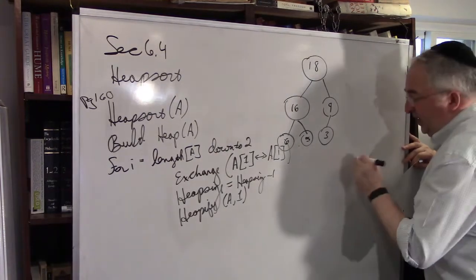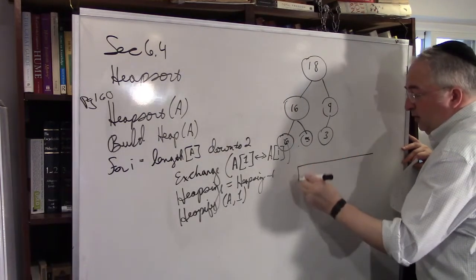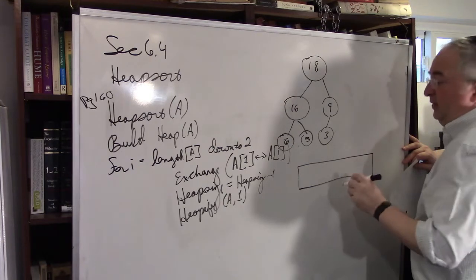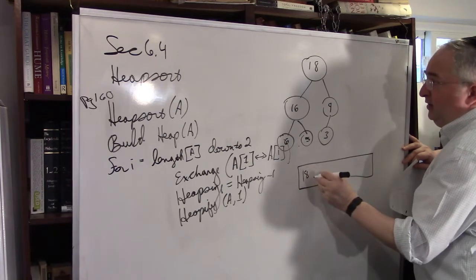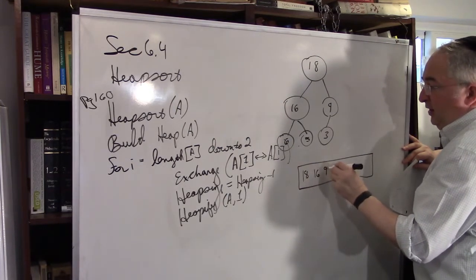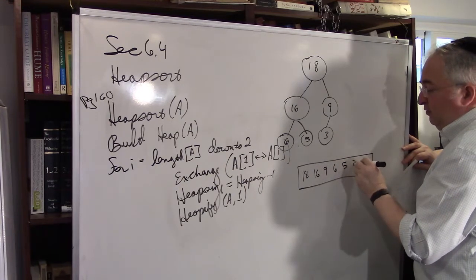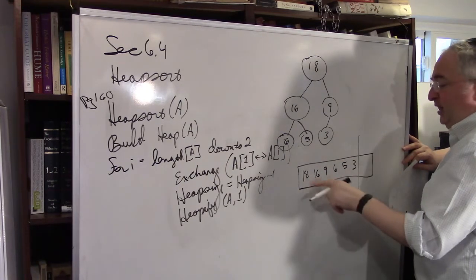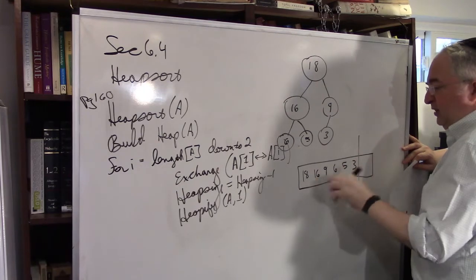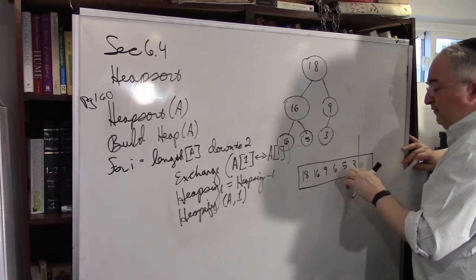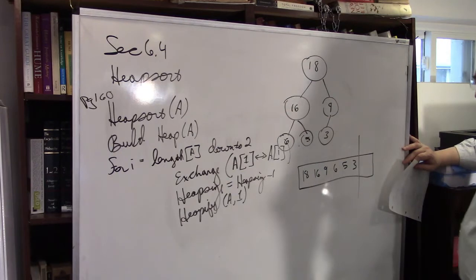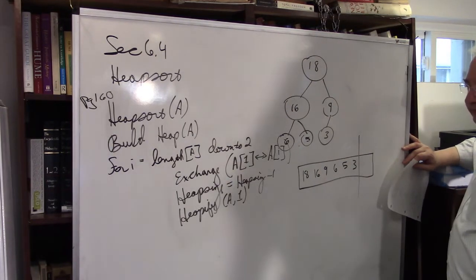Now I'm going to write this as a matrix, as an array. So this is 18, 16, 9, 6, 5, 3. And the heap size is 1, 2, 3, 4, 5, 6. There's 6 things in the heap. Okay, so let's see what we do.